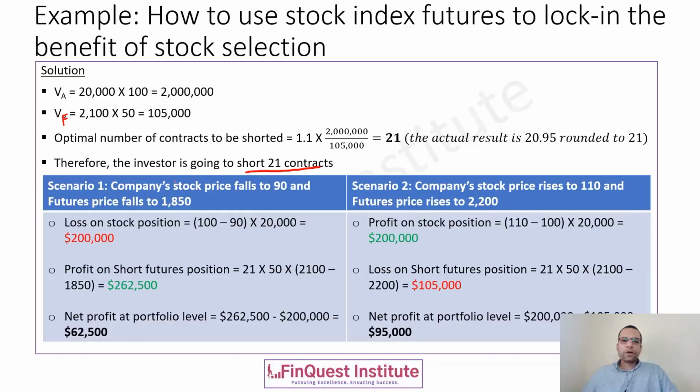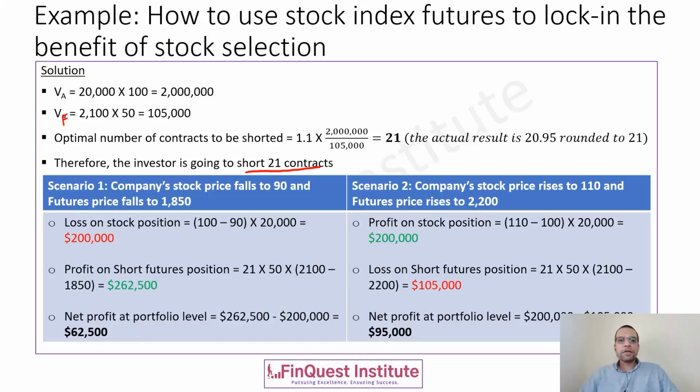Now let's take scenario one, whereby the company's stock falls to 90 and the futures price falls to 1850. Because the stock has fallen from 100 to 90, there will be a loss on the stock position. So the loss is 100 minus 90 into 20,000 shares, which is minus 200,000.